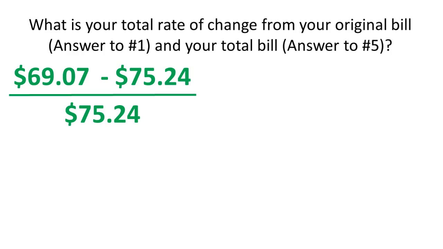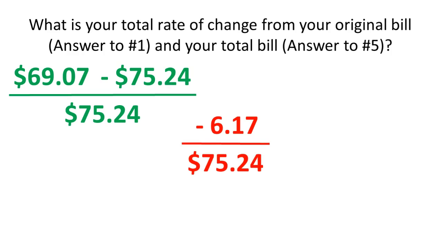69.07 minus $75.24 gives me negative $6.17. Watch those negatives. That's divided by 75.24. I need to turn this into a percentage. Right now it's a fraction. To turn a fraction into a percent, I can divide straight through.